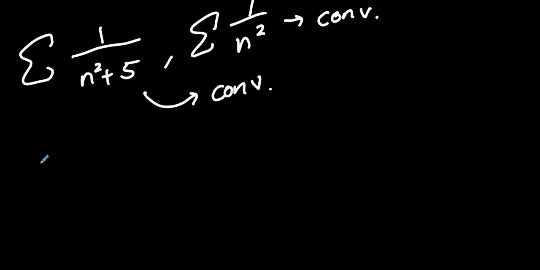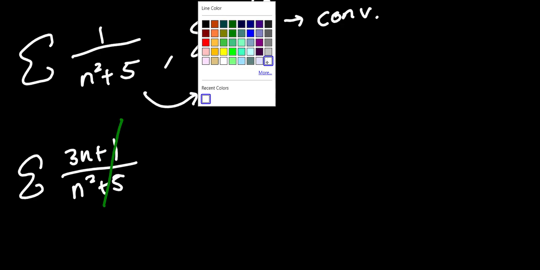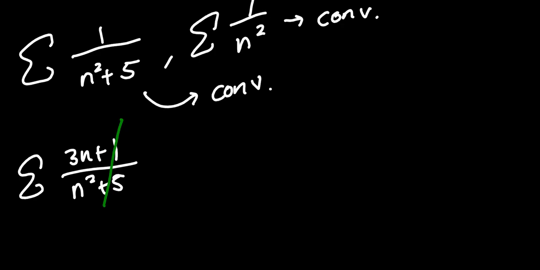So for example, if we have a series like 3n plus 1 over n squared plus 5, if you get rid of some of the insignificant terms that aren't going to grow as fast, you're going to have a series that's going to look like 3 over n, right? Because n divided by n squared is 1 over n. So you're going to have basically a known series of 1 over n, right?